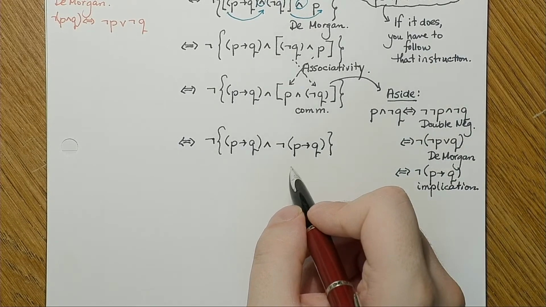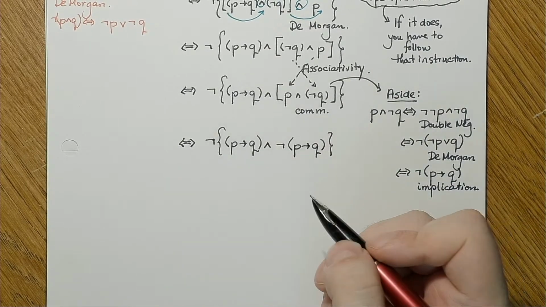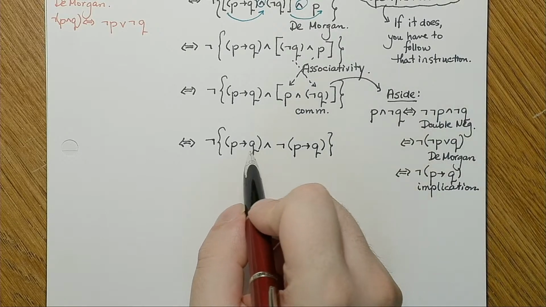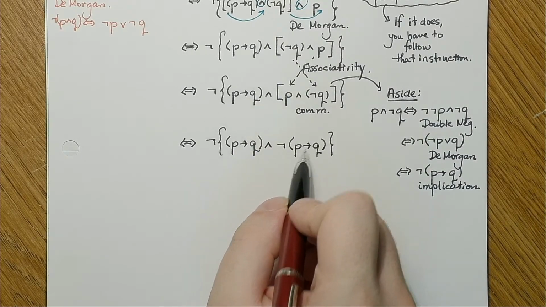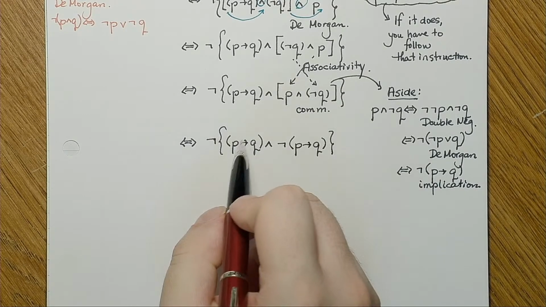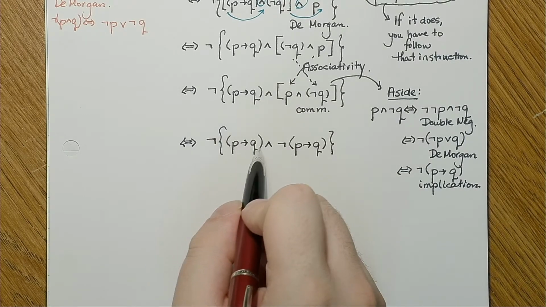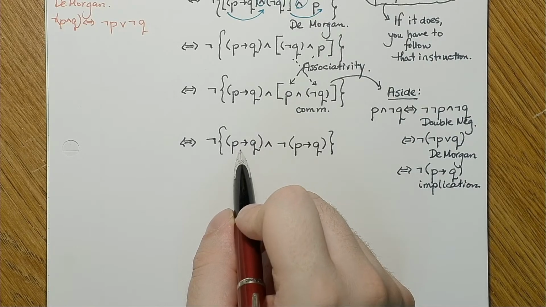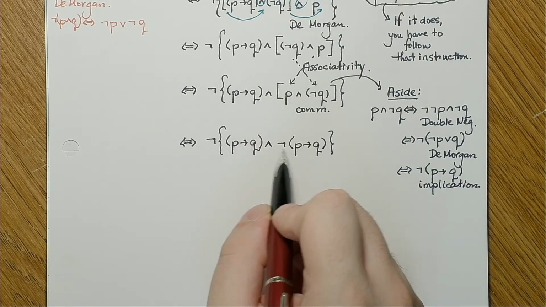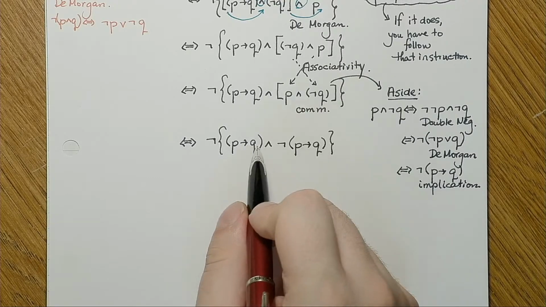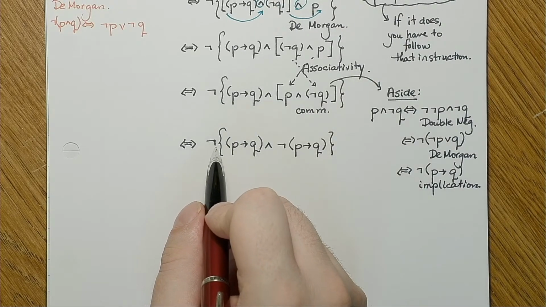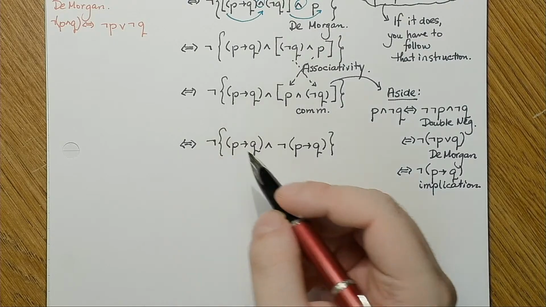Okay. So you can almost see what's going to happen next. I have a proposition and not a proposition. So if you think of this as like R, and here's R, so this is R and not R. That's a contradiction, which means that this would be always false. And then I have the negation, which then converts this to always true.